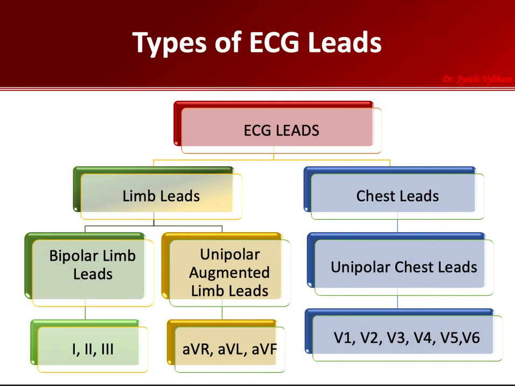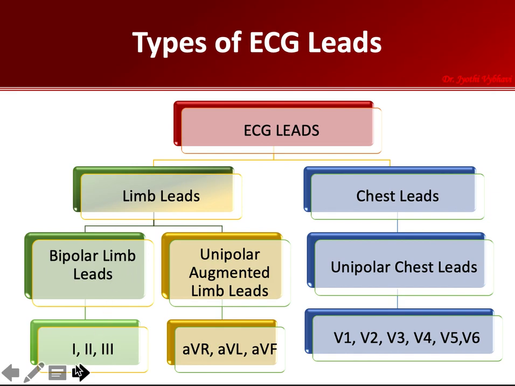In the present scenario, 12 standard ECG leads are used to record the voltages from the heart. The ECG leads are broadly classified into limb leads and chest leads. When electrodes are placed on the limbs like right arm, left arm, left leg, it's called limb leads. And when the electrodes are applied on the chest, it is called chest leads. Limb leads are further classified into bipolar and unipolar leads.